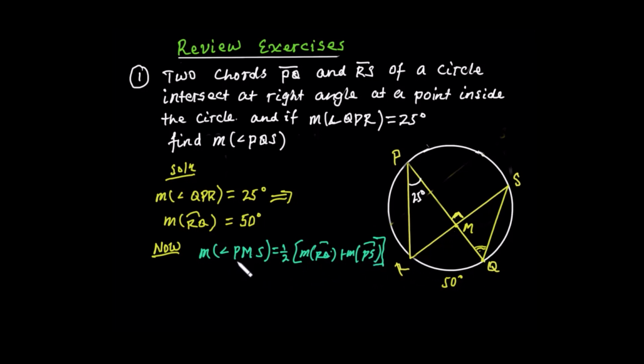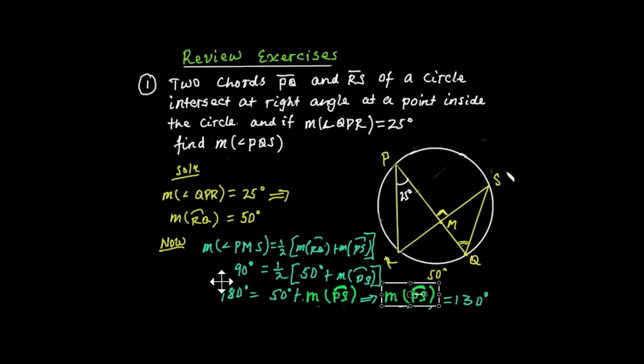The measure of angle PMS is 90 degrees, a right angle, because they intersect at a right angle, and this is equal to half of the sum. We already know arc RQ is 50 degrees. Multiplying by 2, 180 degrees is equal to 50 degrees plus the measure of arc PS. Directly from this, the measure of arc PS is equal to 130 degrees, subtracting 50 from both sides of the equation.